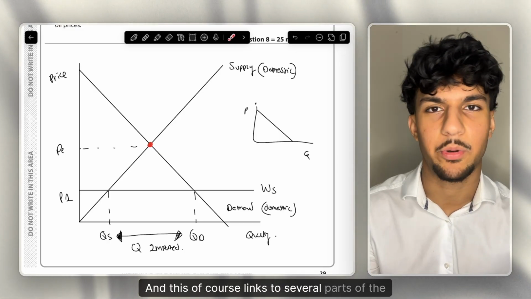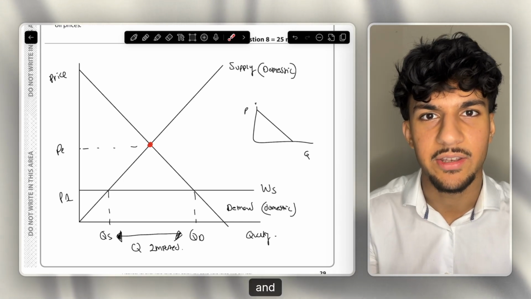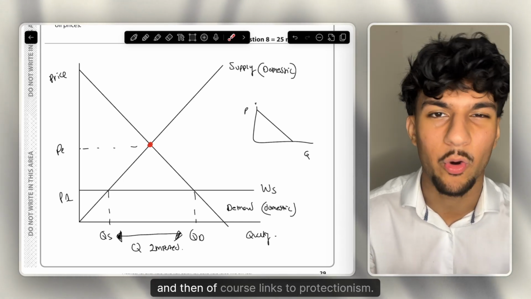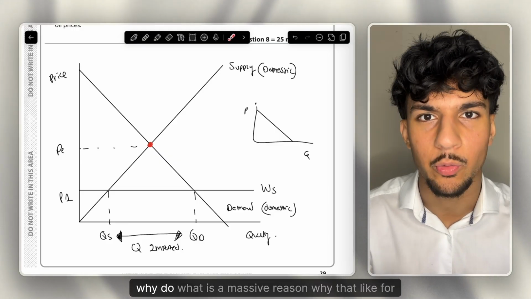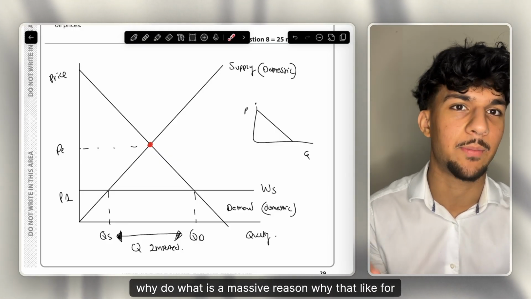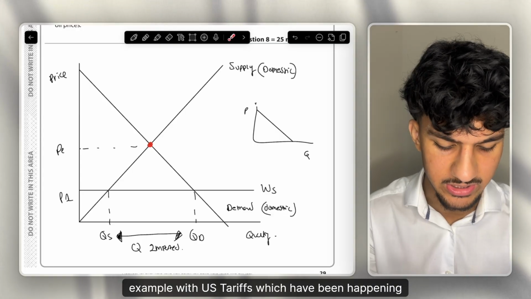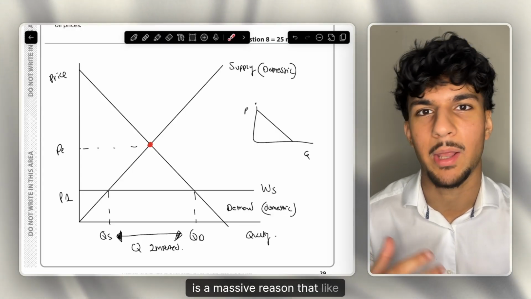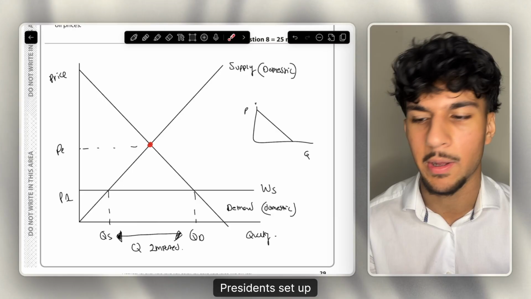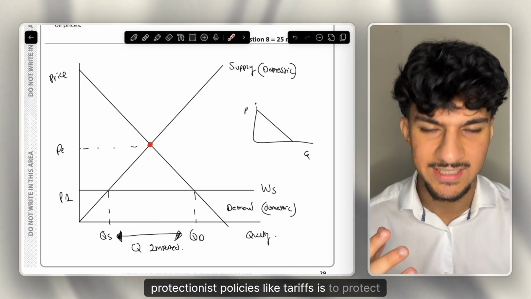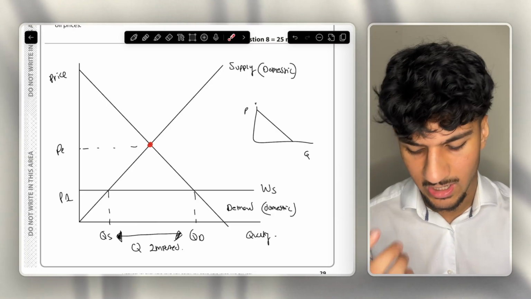And this of course links to several parts of the spec, like the current account and protectionism. With US tariffs, which have been happening recently, a massive reason that presidents set up protectionist policies like tariffs is to protect domestic industries. Why?